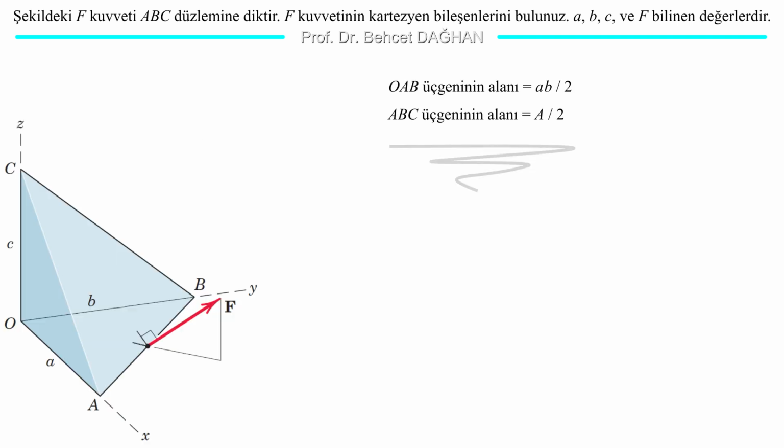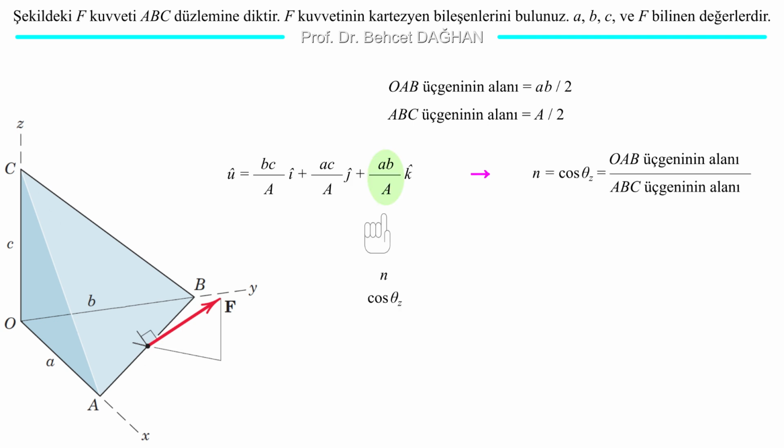Now let's look at the figure. We saw that the area of triangle ABC is equal to A divided by 2. The area of triangle OAB is also equal to AB divided by 2. We see this from the figure. After finding these, let's return to the vector u. Let's look at the coefficient of k in the vector u. What is the coefficient of k?